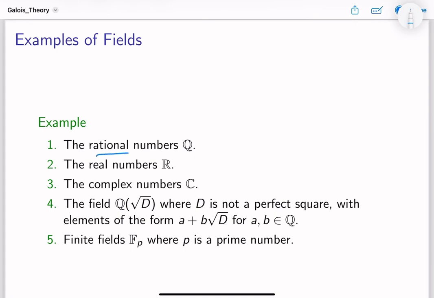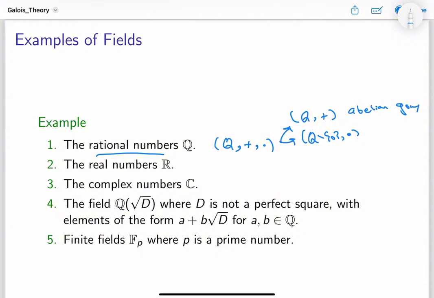The rational numbers, if you take the rational numbers with the usual addition and multiplication, this forms a field. Well, it is obvious that Q with addition is a group. It's an abelian group, right? And it's obvious that if we take away 0 from Q and look at the multiplication, this is also an abelian group.